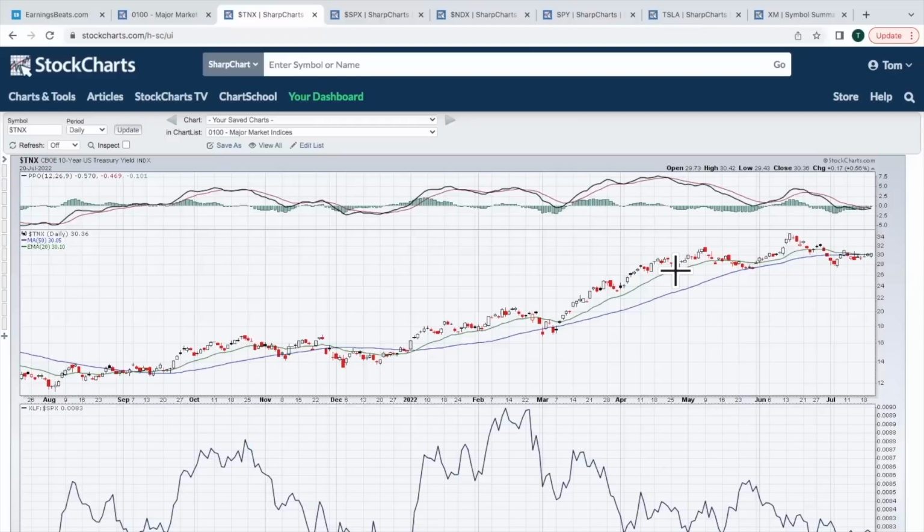Completely different animal. I mean, if you've got rates going up, but banks not willing to lend because the economy is weakening and we're in a recession, that's kind of a double-edged sword there. I'd be a little careful just thinking rates go up, banks do well.